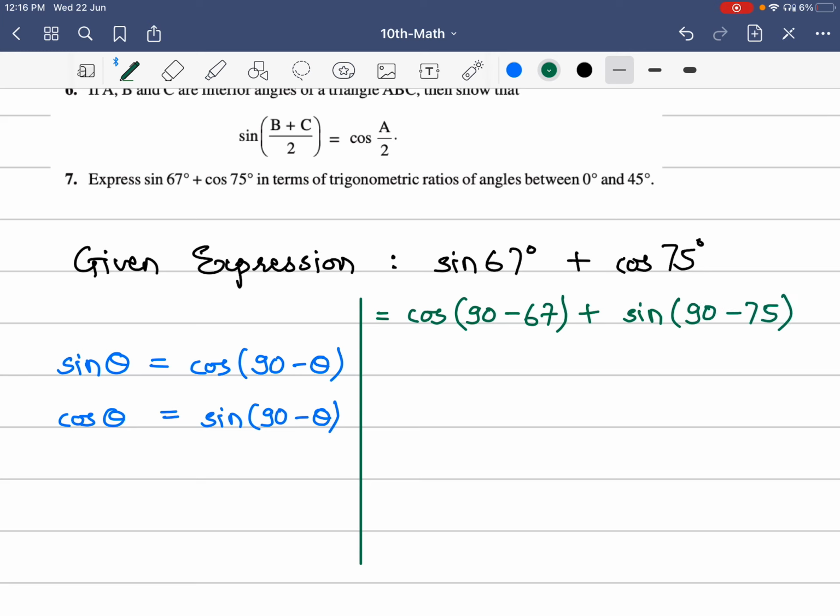That will be equal to cos of, what is 90 minus 67? 23, plus sine of, what is 90 minus 75? That is equal to 15. So thus we have converted this given expression into a new expression where the angles are between 0 and 45. 23 and 15 are between 0 and 45, and thus this is the required answer.